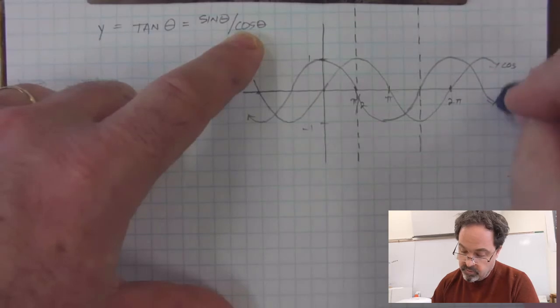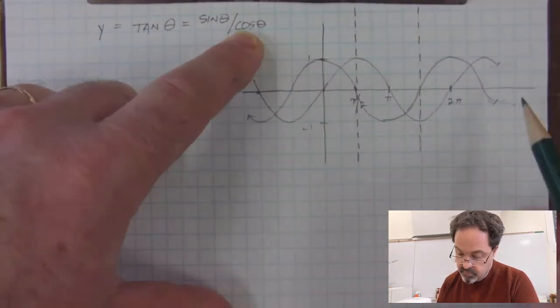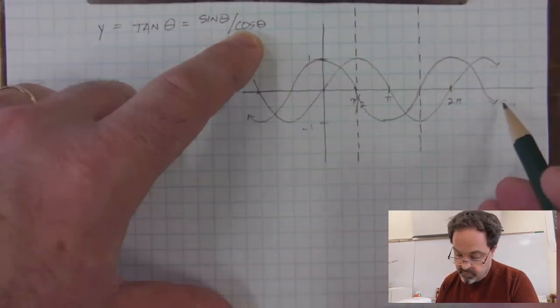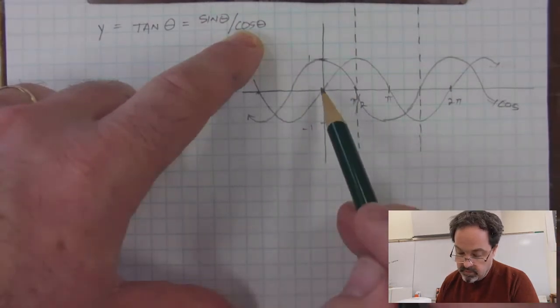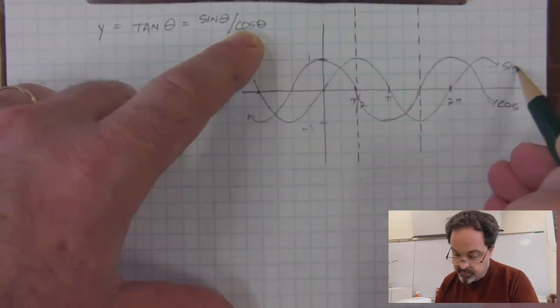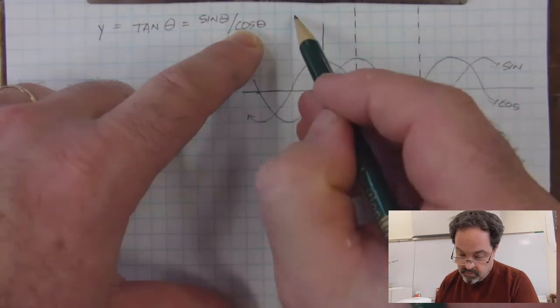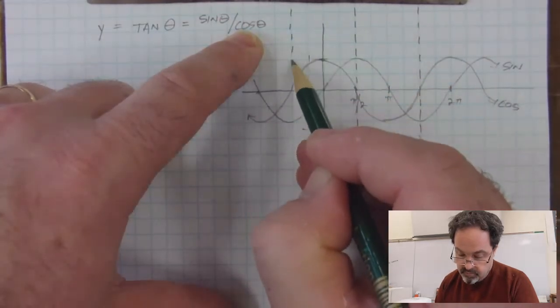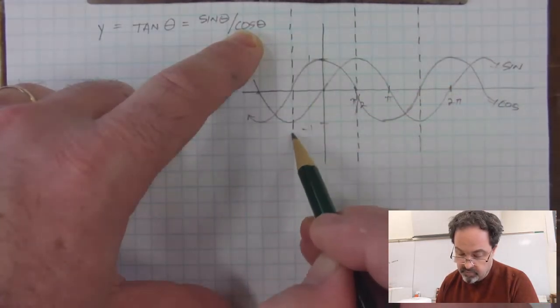I'm going to change how I labeled these because I made a mistake before. This is the cosine curve, and this is the sine curve. Every time cosine is 0, tangent is not defined.